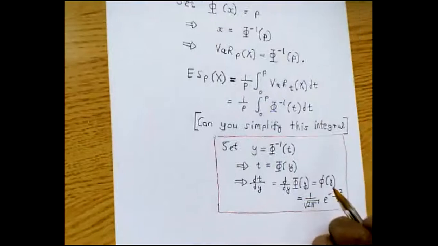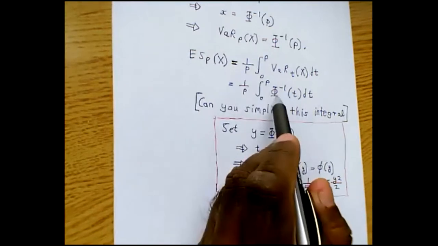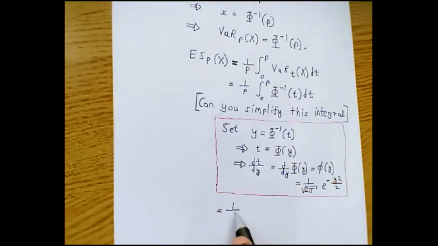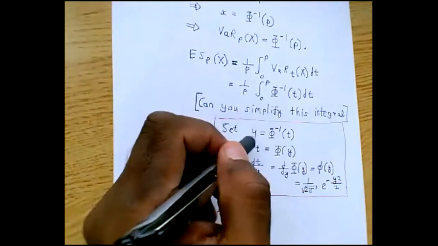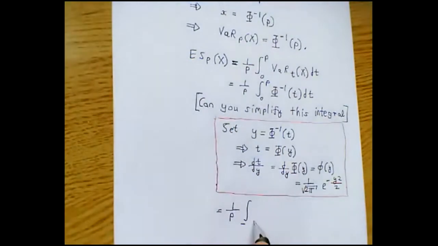All right. So now I'm going to make this substitution into this integrand. The integral goes from 0 to p. When t is 0, you have phi inverse of 0, which is minus infinity, right?